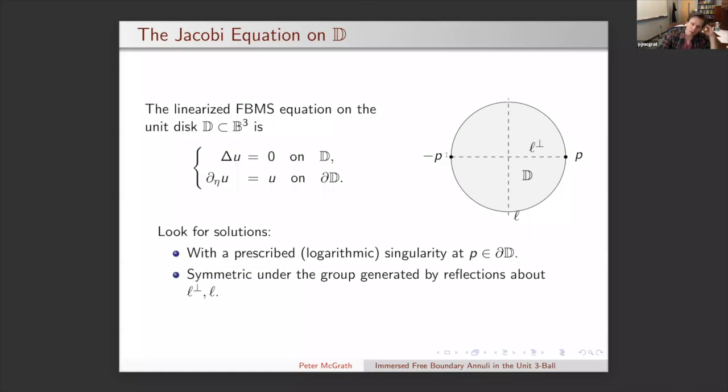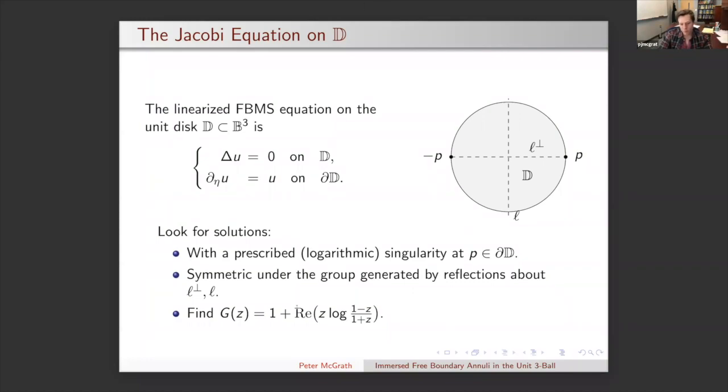And we'd also like to assert reasonable discrete symmetry. So we'd like to assert a reflection symmetry through a diameter orthogonal to the pair of points we pick, and then reflection symmetry through the line joining those 2 points. You can look for solutions to this boundary value problem that have these properties, and if you try hard enough, you can actually find an explicit solution.